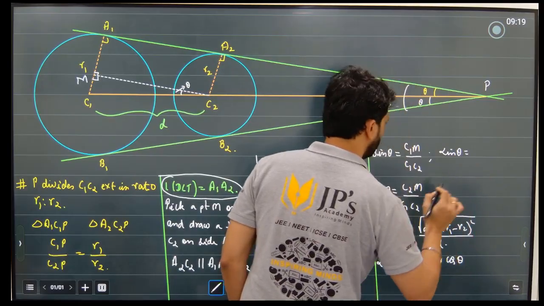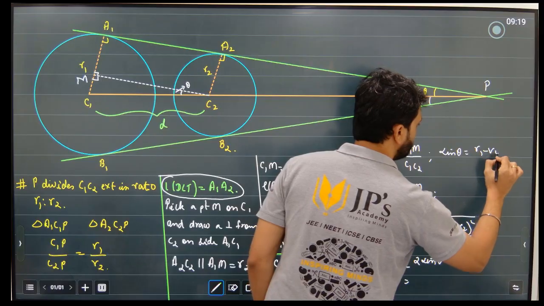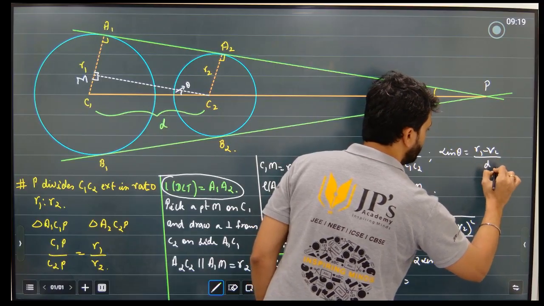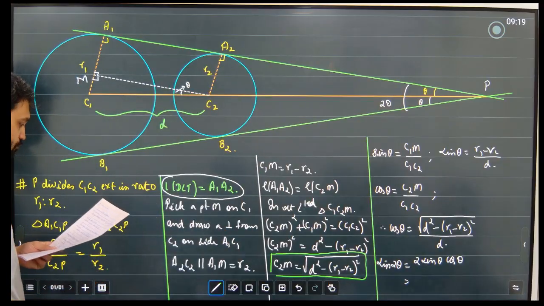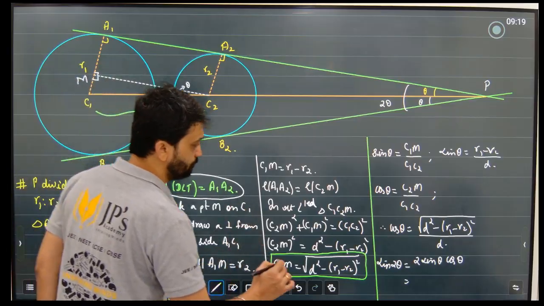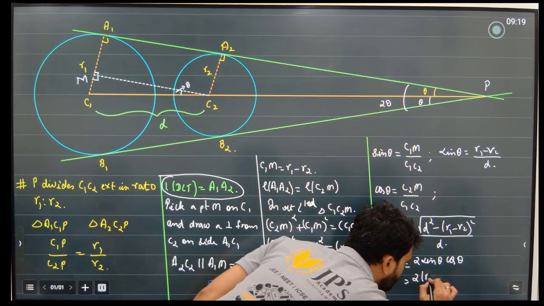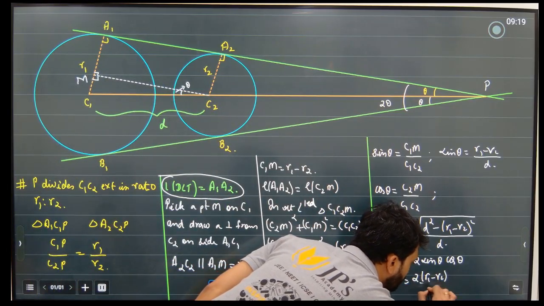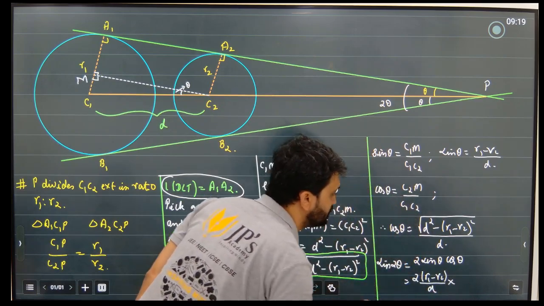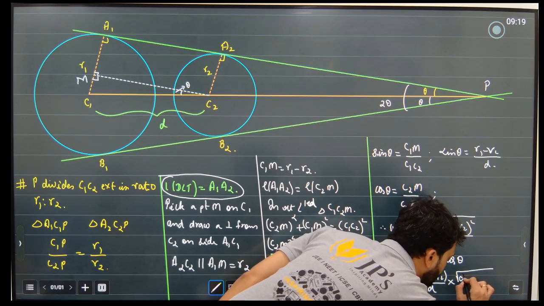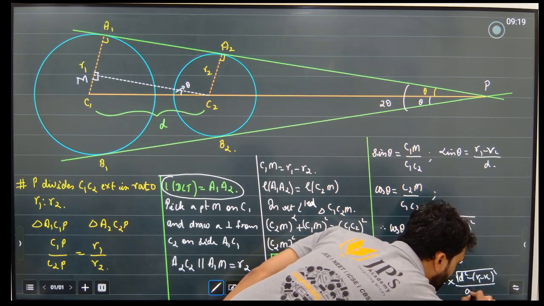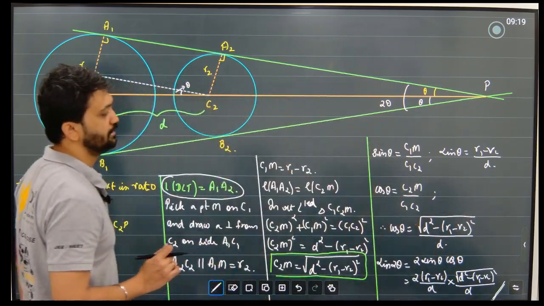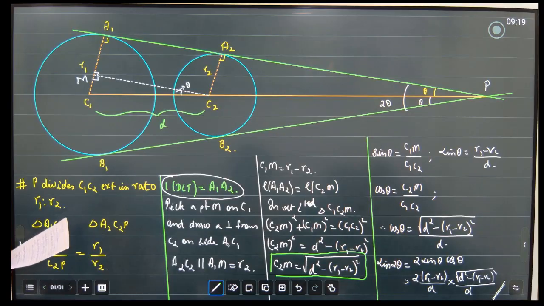Sin theta is equal to R1 minus R2 upon D. Okay, this is the value of sin theta, and this will become 2 into R1 minus R2 upon D into the value of cos theta, which is under root of D square minus R1 minus R2 the whole square upon D. This is the angle between two direct common tangents.